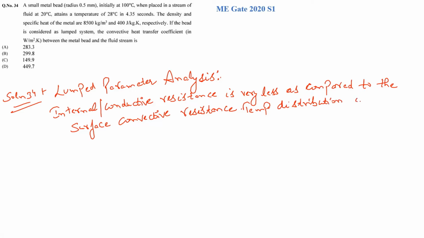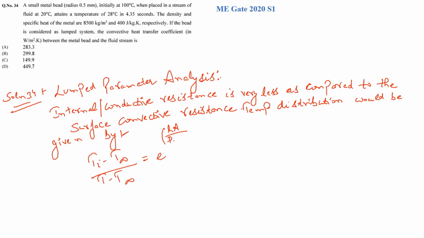In such a case, the temperature distribution would be given by the initial temperature minus ambient temperature divided by the temperature difference. So this is the formula, and there is a derivation behind it.